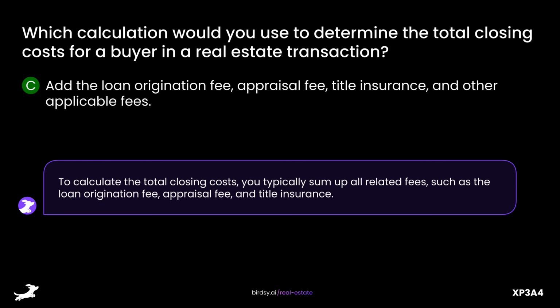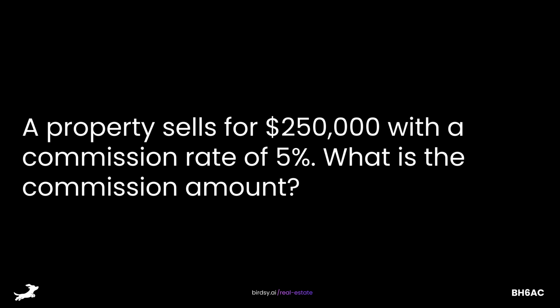To calculate the total closing costs, you typically sum up all related fees such as the loan origination fee, appraisal fee, and title insurance. A property sells for $250,000 with a commission rate of 5%. What is the commission amount?